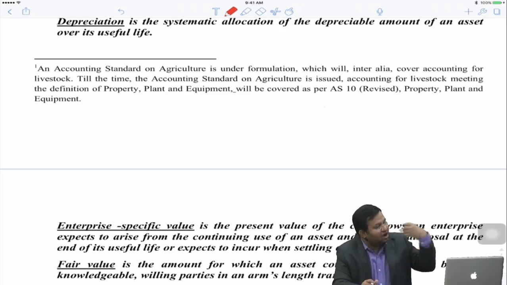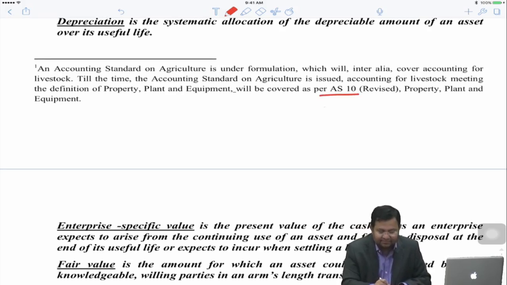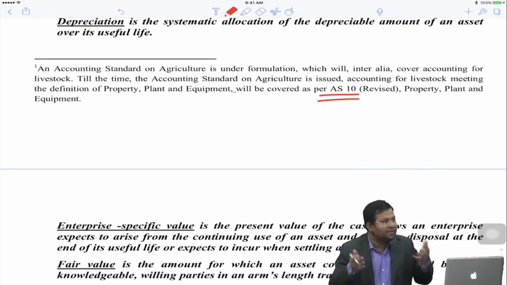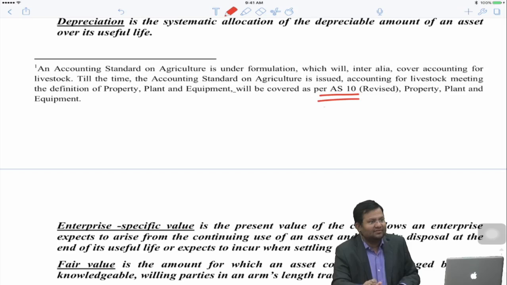That standard will take care of all animals. Till that time, the standard on agriculture is issued, accounting for livestock, which meets the definition of property, plant, equipment, will be covered under AS10. Livestock permanently ये standard के अंदर नहीं रहेगा.